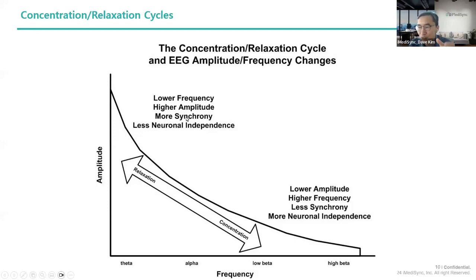That's because low frequency recruits a very large-scale neuronal population, and high frequency activity usually recruits a very small number of neurons. So low frequency activity is usually high amplitude, and high frequency activity is usually low amplitude.